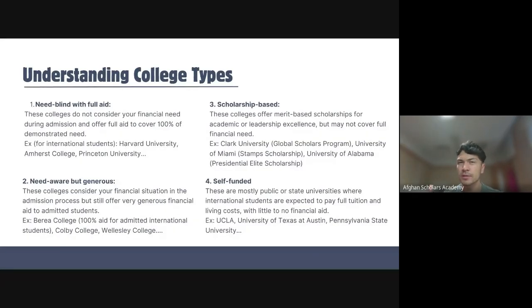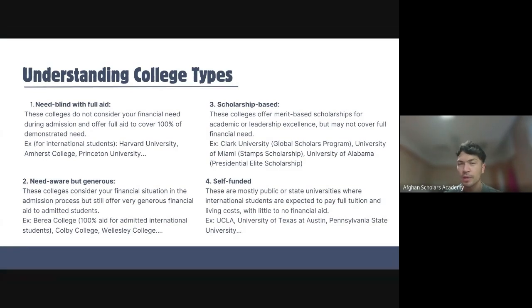These are some of the top tier colleges and universities, and some other colleges too meet your 100% need. For example, one of the universities that I really like is in Richmond, Virginia. It's called the University of Richmond. It's a really good university.